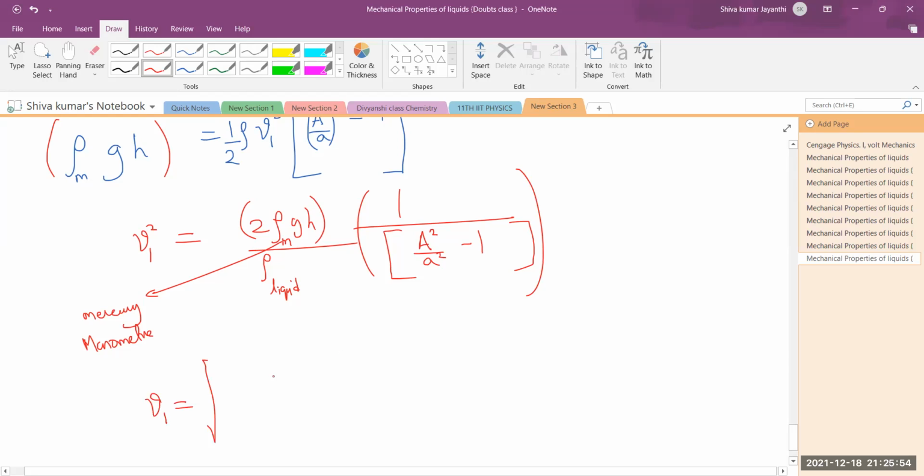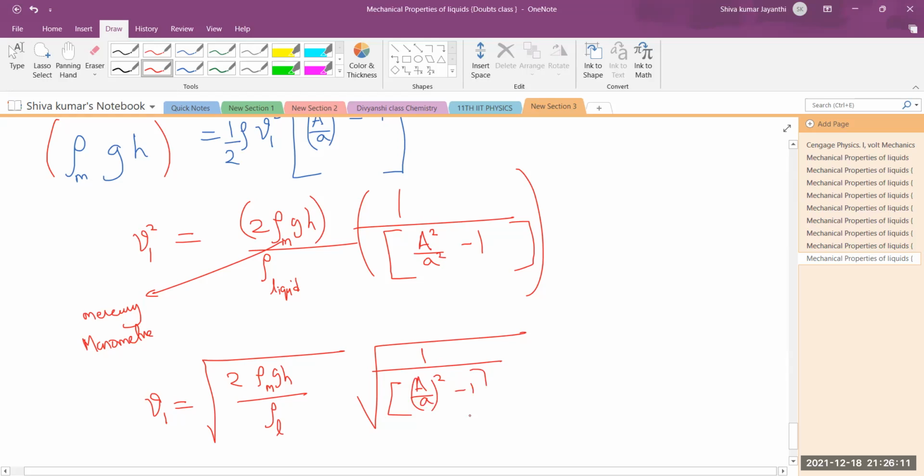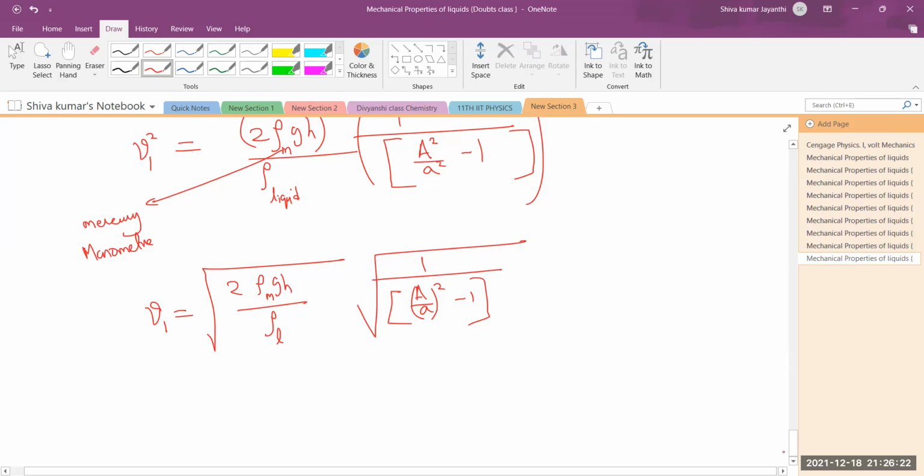So it is root over 2 rho M g h by rho liquid, into, of course, root over 1 by A by small a whole square minus 1. Understood? This is the velocity equation. The velocity of influx of the liquid through a Venturi meter is given by this.